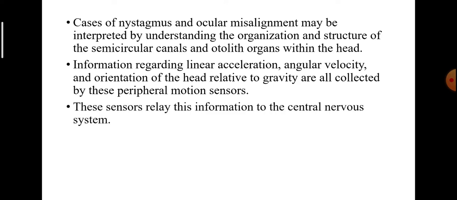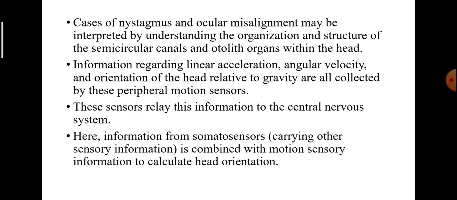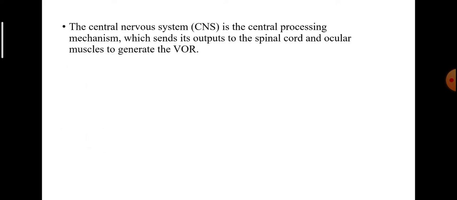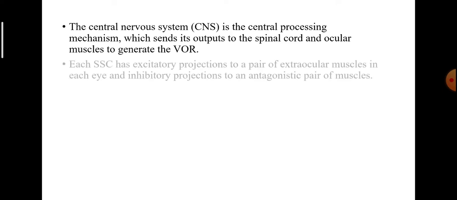These sensors relay this information to the central nervous system, and here information from somatosensory, that is, carrying other sensory information, is combined with motion sensory information to calculate head orientation. The central nervous system is the central processing mechanism which sends its outputs to the spinal cord and ocular muscles to generate the vestibular ocular reflex.